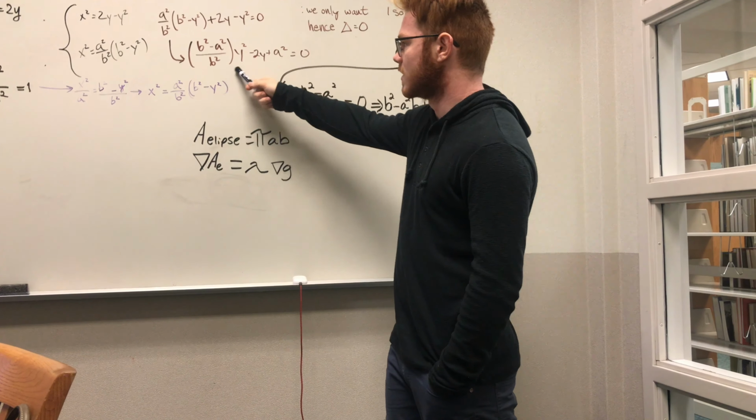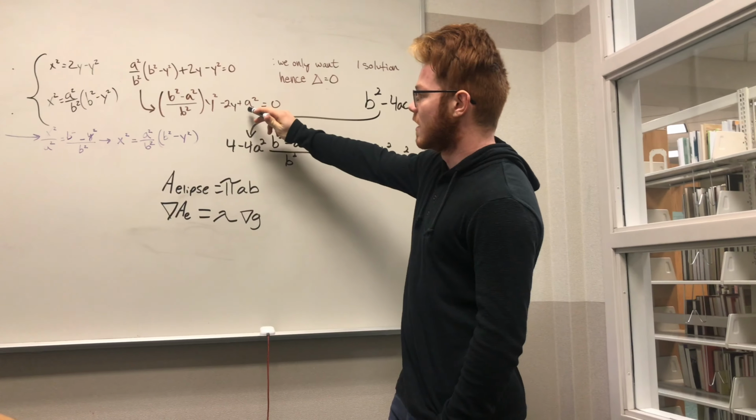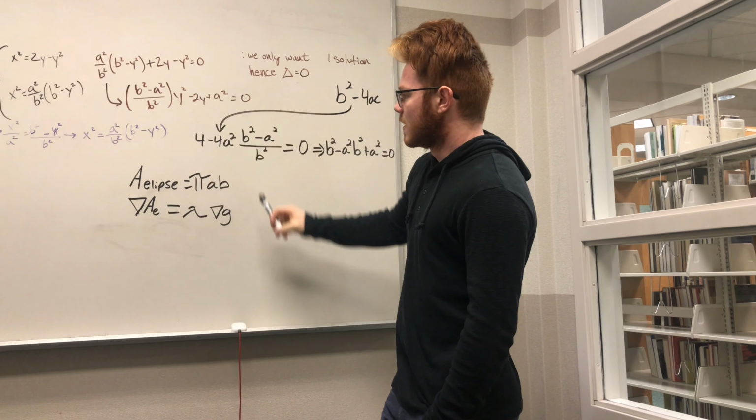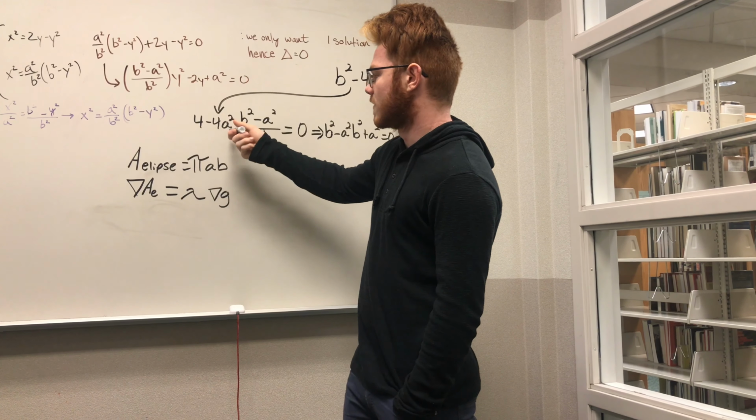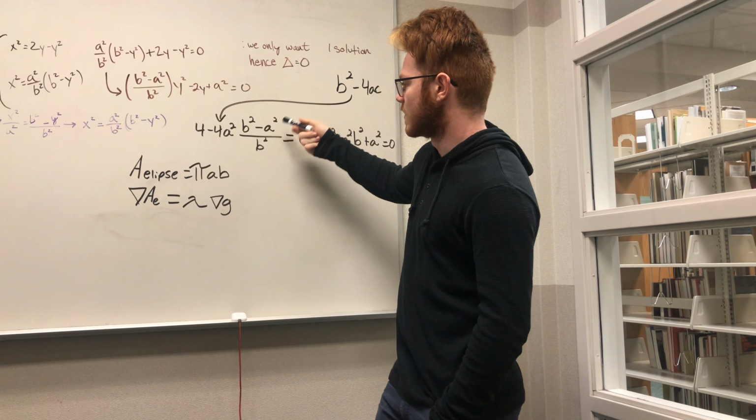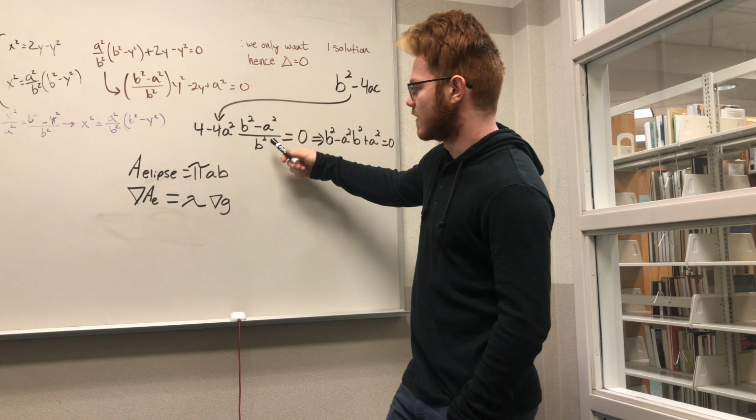Our b squared minus a squared over b squared is our a in this case, and then our negative 2 is our b, and our a squared is our c. And so using that, we get 4 minus 4a squared times b squared minus a squared over b squared, and then that just simplifies to b squared minus a squared times b squared plus a squared is equal to 0.